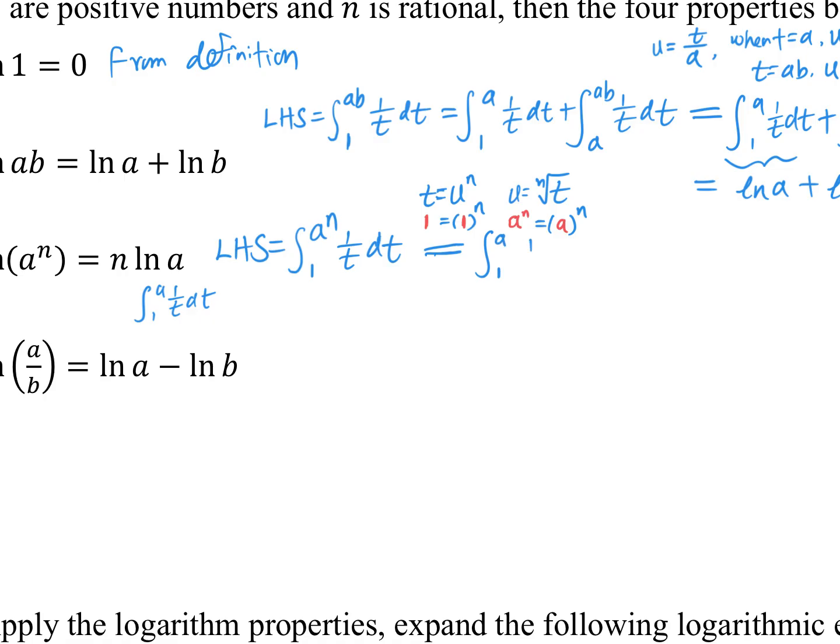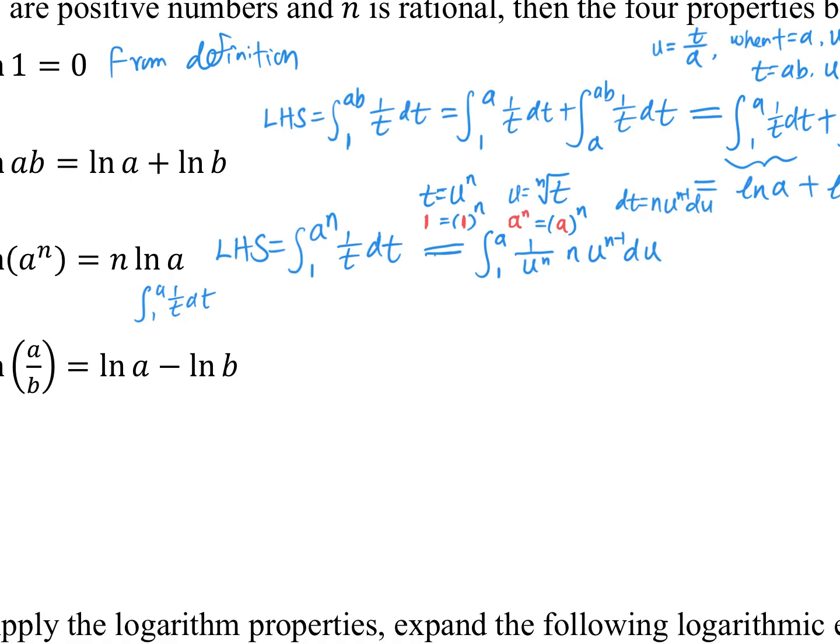And 1 over t, where t is u to the n. We need to figure out dt because t is equal to u to the n. Applying the power rule, dt is n times u to the n minus 1 du.